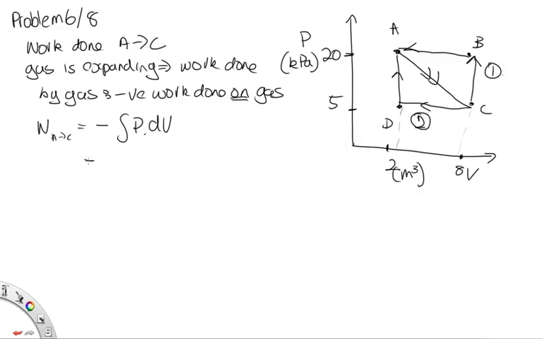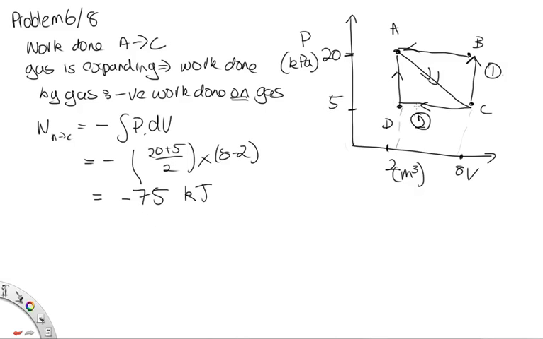So it's a trapezium. To get the area of the trapezium, we take the average of the 2 heights, so that's 20 plus 5 on 2. And then we times it by the width of the trapezium, which is 8 minus 2, which is 6. Doing that on the calculator, we end up with minus 75. Now, we would say joules because that's the units for work and energy, except that this is kilopascals, so we need to times it by 1,000, so that's kilojoules.